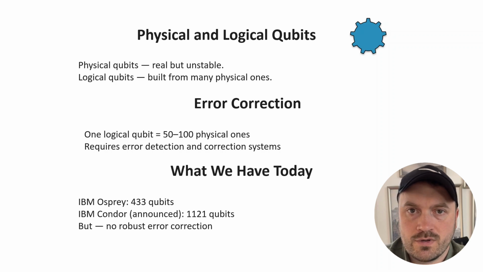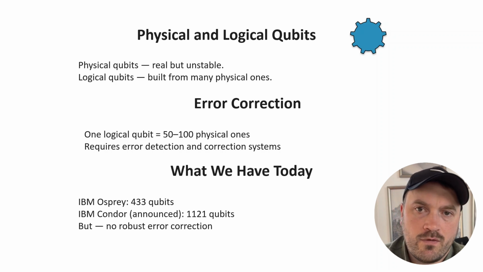They are called noisy intermediate scale quantum. This means they can perform simple tasks but are not ready for large-scale computations like breaking cryptography.